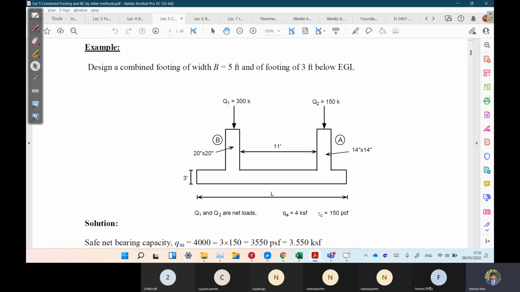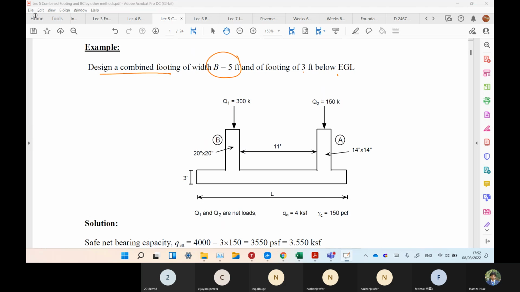So if we move to this question, they are saying we have to design a combined footing. Combined footing means there are 2 or more columns in the same footing. They have provided that the thickness of footing is 3 feet.